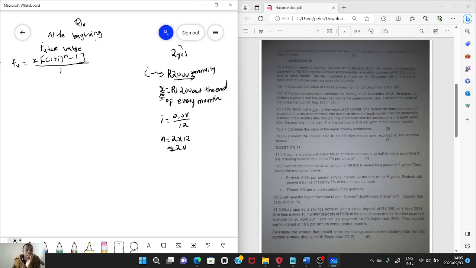And then in this case, my future value is equal to, what's my x? My x is 1,200 into 1 plus my i, which is 0.08, divided by 12, to the power 24, minus 1, all over 0.08 divided by 12.